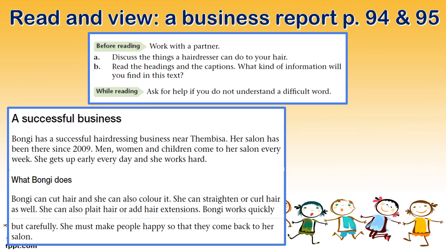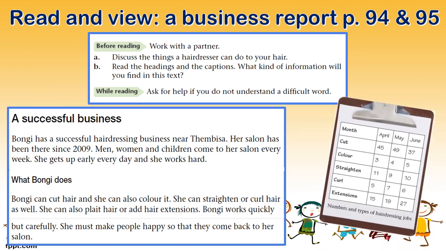She can straighten or curl hair as well. She can also plait hair or add hair extensions. Bongi works quickly but carefully. She must make people happy so that they can come back to her salon. And there you see a little menu of all the different jobs she does.